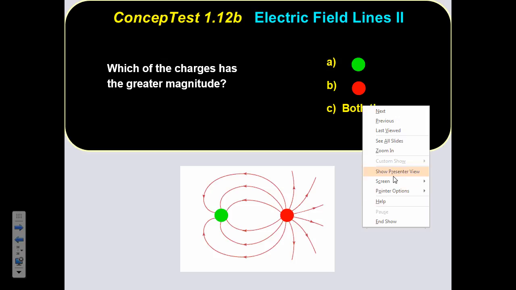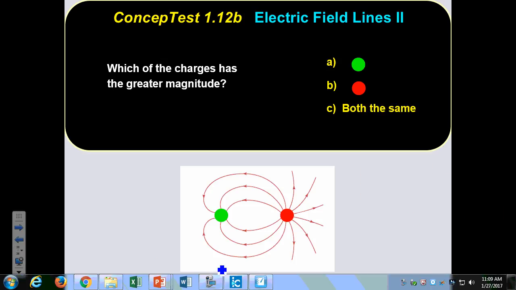All right. Which of these charges has the greater magnitude? The arrows are still the same, moving right to left. All right, let's stop at 25.